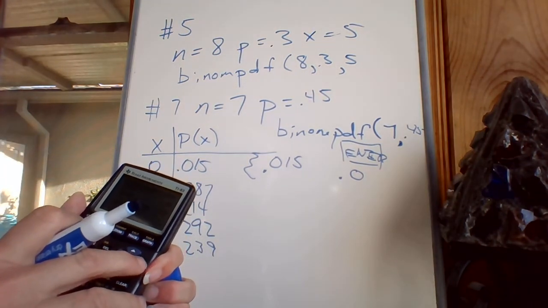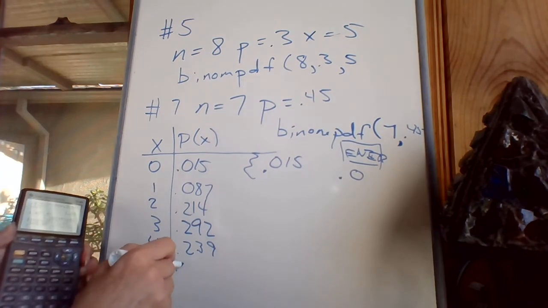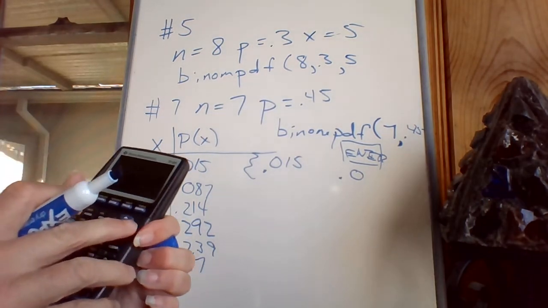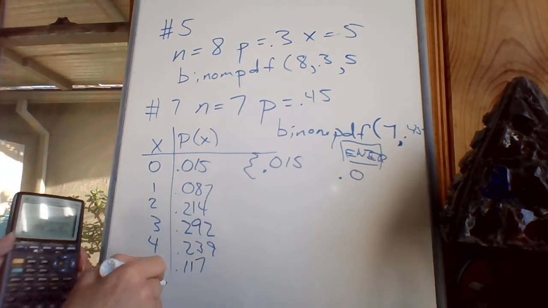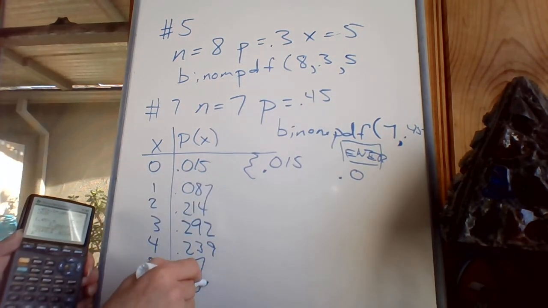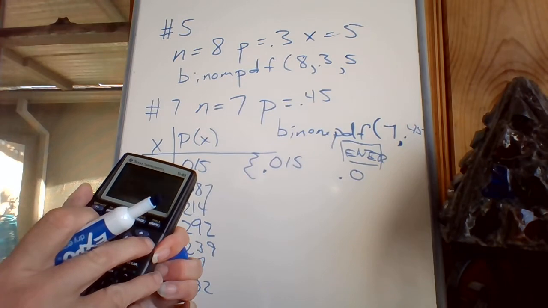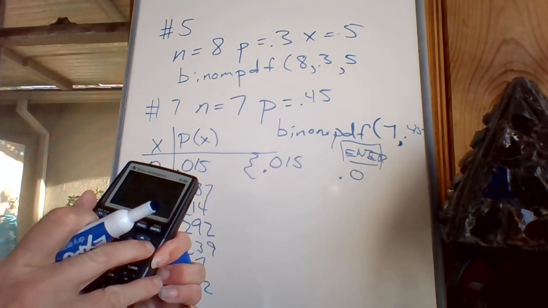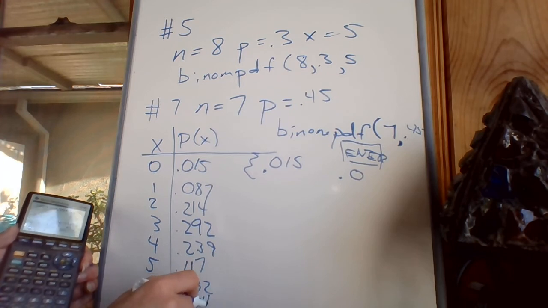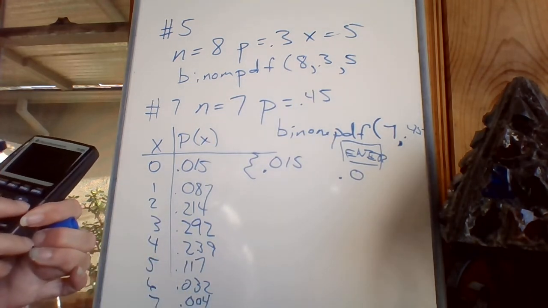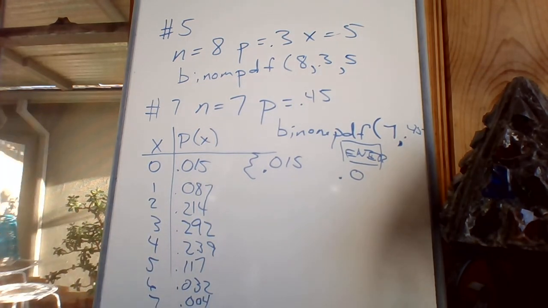And then I see 0.117, 0.032, and 0.004. And that's it. Eventually it closes the curly bracket.